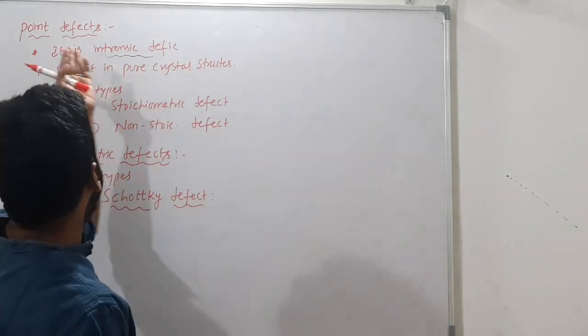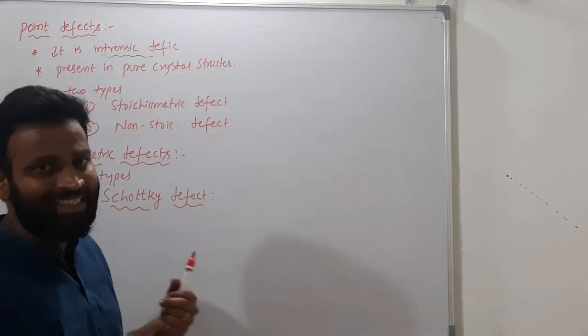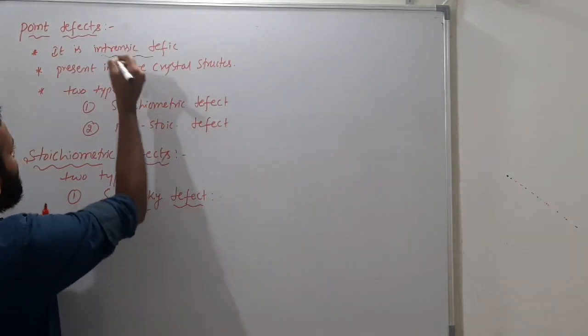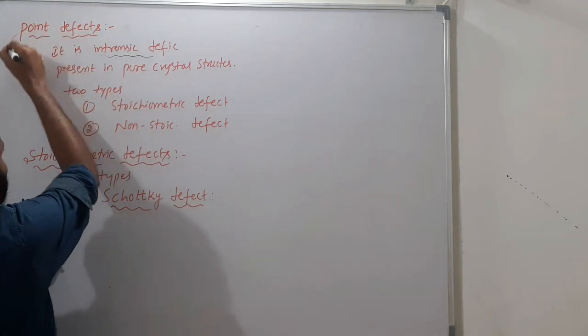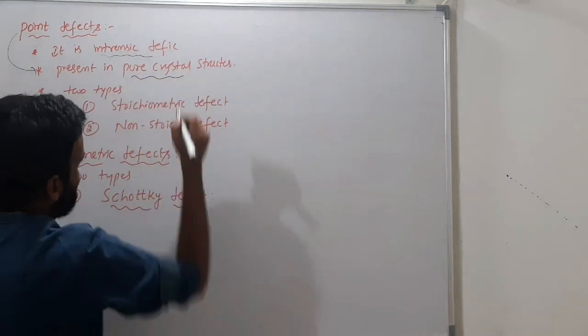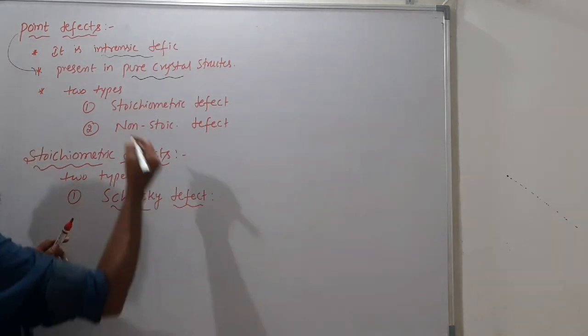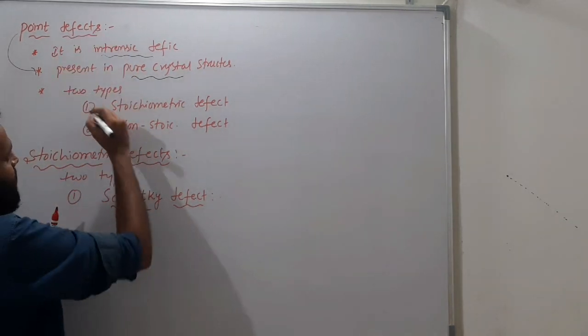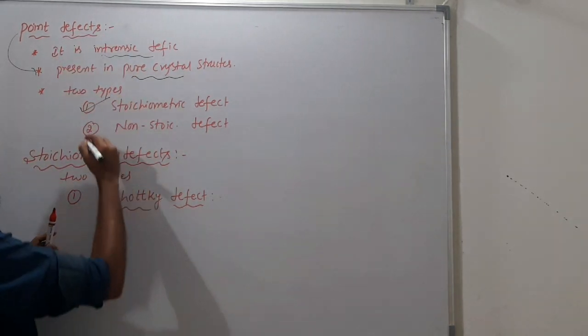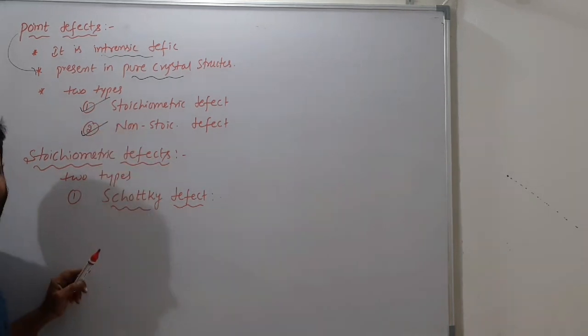Those all come under point defects, intrinsic defects. This point defect takes place in pure crystal structures. Point defects are of two types: one is stoichiometric defects and the second one is non-stoichiometric defects.